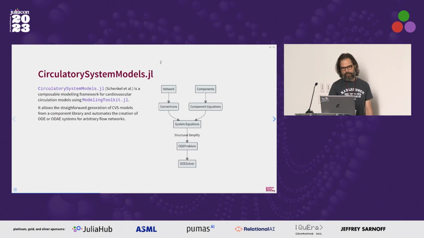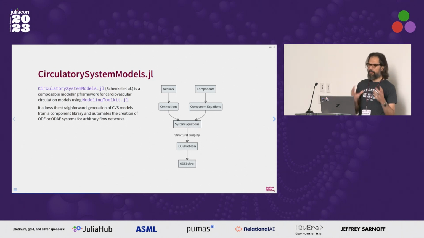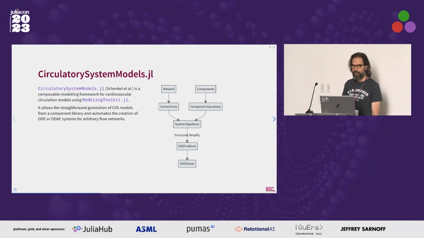Using a library of components, it becomes quite straightforward to set up your own models. So CirculatorySystemModels is not the package doing the simulations, or the package that does all the clever maths. Those packages are ModelingToolkit and DifferentialEquations.jl.